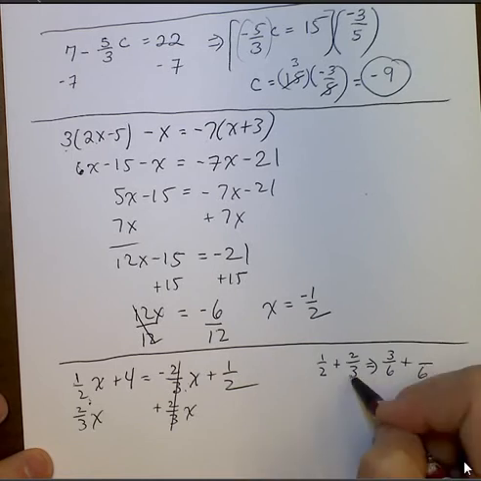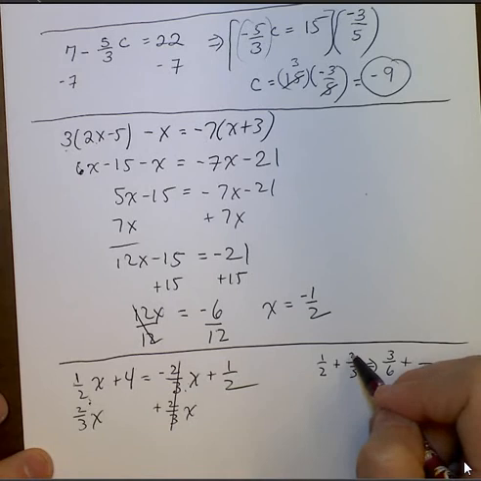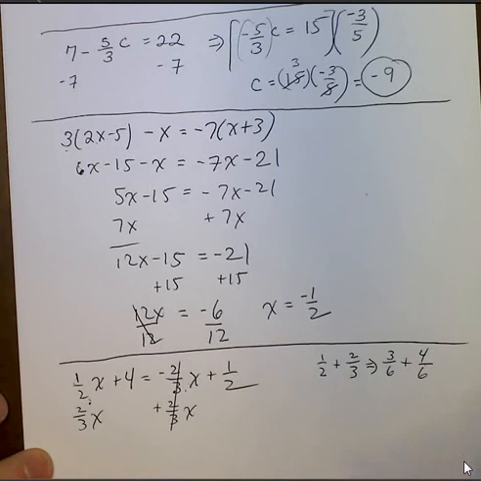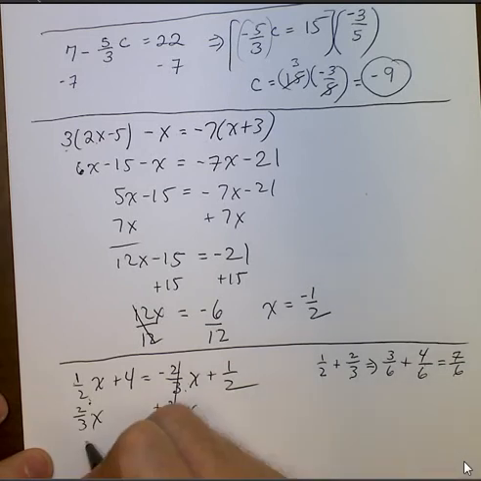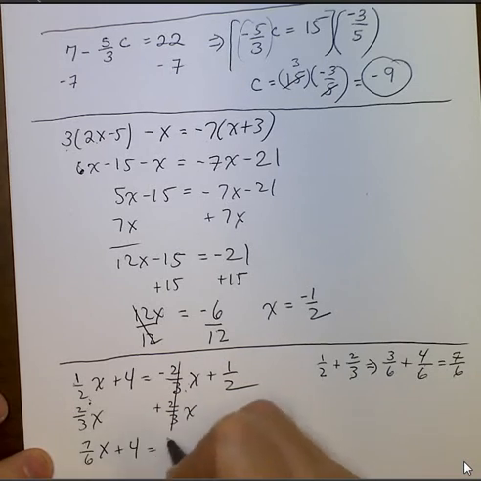To go from 3 to 6, I multiply by 2, so I have to multiply the numerator 2 by 2 to get 4. So 1/2 becomes 3/6, and 2/3 becomes 4/6. 3/6 plus 4/6 equals 7 over 6. So what we have here is 7 over 6 x plus 4 equals 1/2.